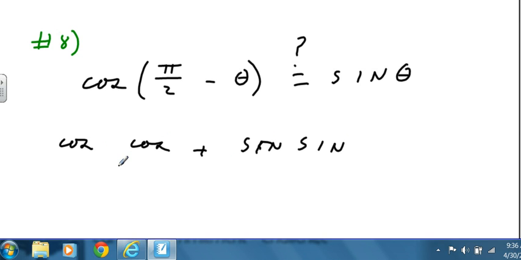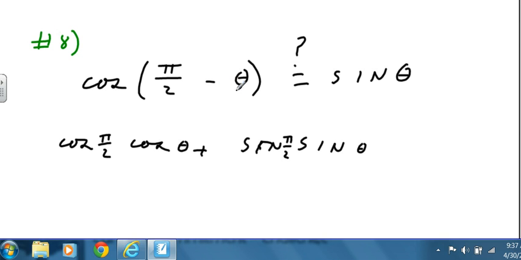Oh, that doesn't look good, does it? Okay, so this is pi over 2, and this is theta. And that's good. Excellent. Notice that I'm not bringing the negative sign with me.